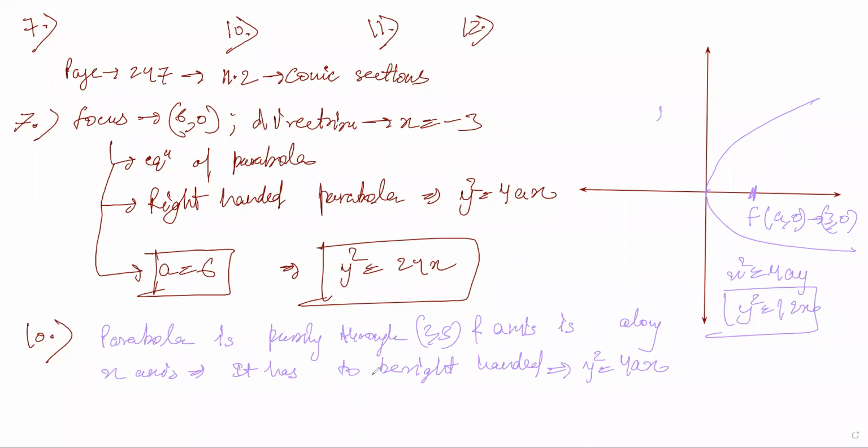I think you can put 2 in the place of x and 3 in the place of y, right? Yeah, because the parabola is passing through this point 2,3, so we can put x as 2 and y as 3, and through that we can find out the value of A. So it should be 9 is equals to 4 into A into 2, and A would be 9 by 8.